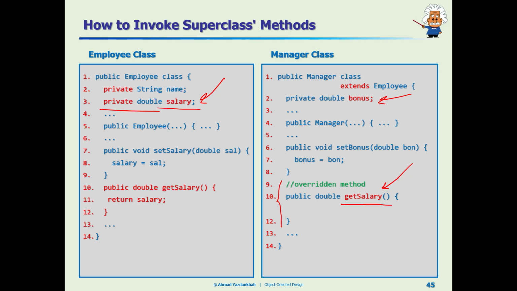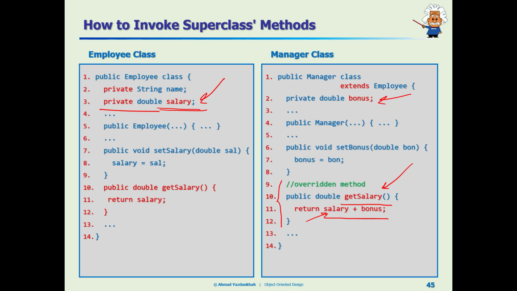So how can I put the salary here? Can I say, for example, salary plus bonus here? And can I expect that this salary is coming from this salary?